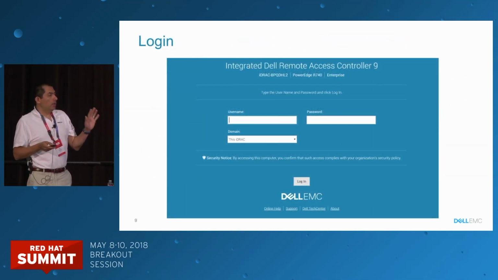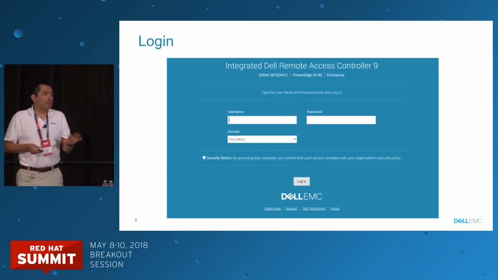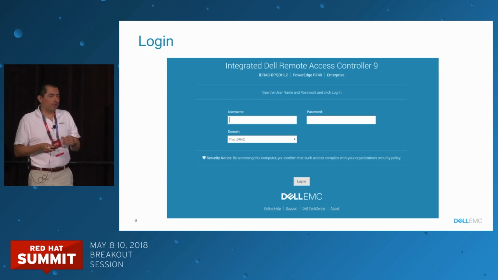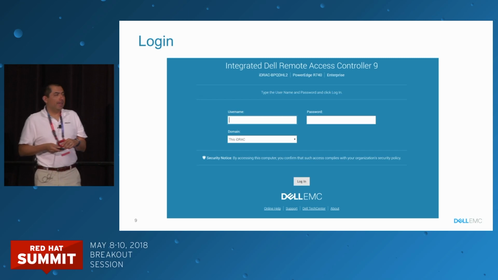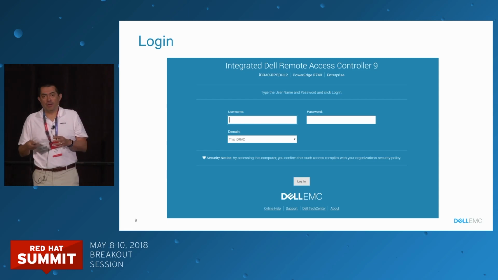So I'm going to give you just a few screenshots, an example of what out-of-band management looks like. I'll point out that this is for Dell iDRAC, but this solution today really applies to any OEM. It doesn't have to be just iDRAC.